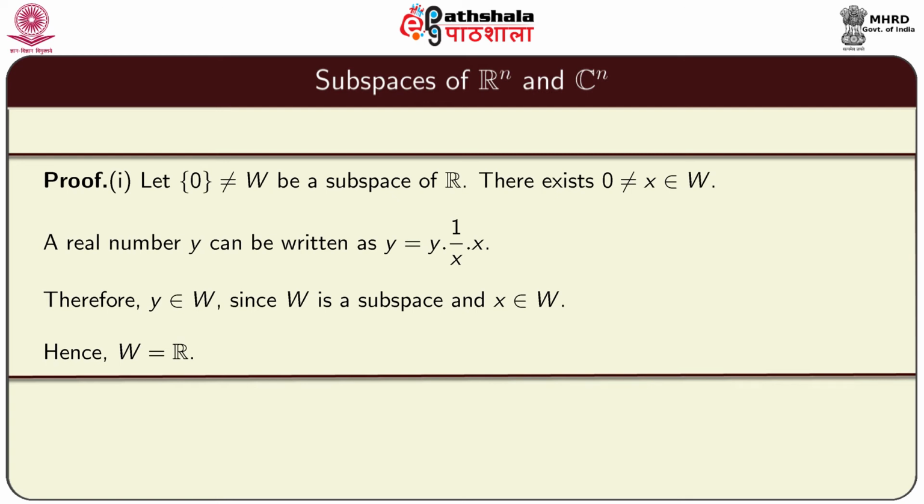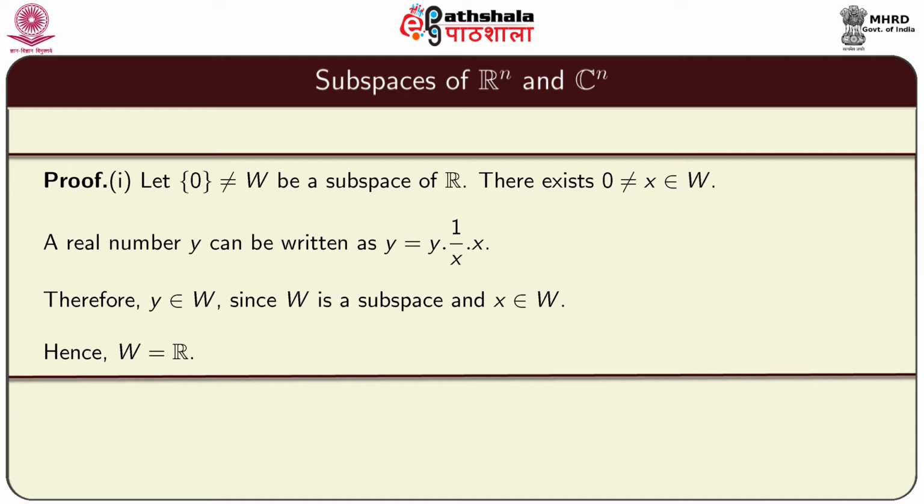Let us prove the first part of the statement, that is every subspace of R is either singleton 0 or R. So, suppose W is a subspace which is not the singleton 0. That means there is at least one x in W such that x is not 0.